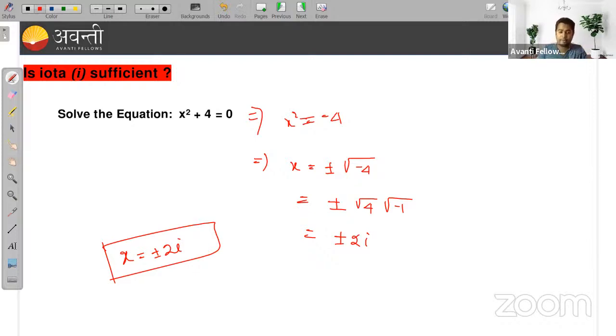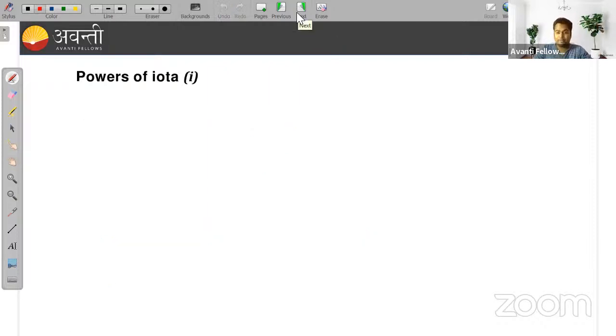Is that clear? Okay. So let's move to the next thing, that is power of iota. See here, power of iota. You know that i is equal to square root of negative 1.